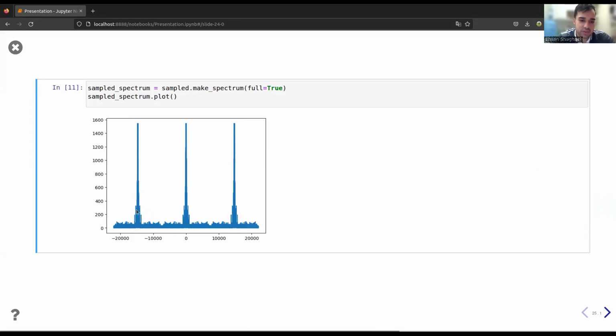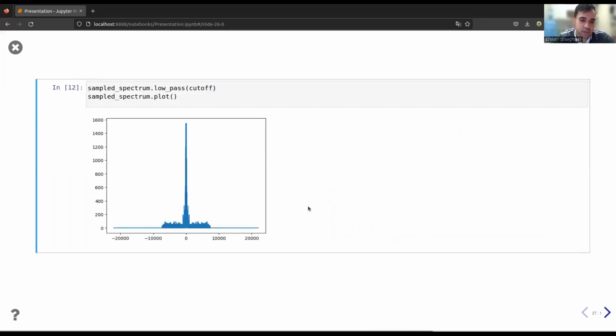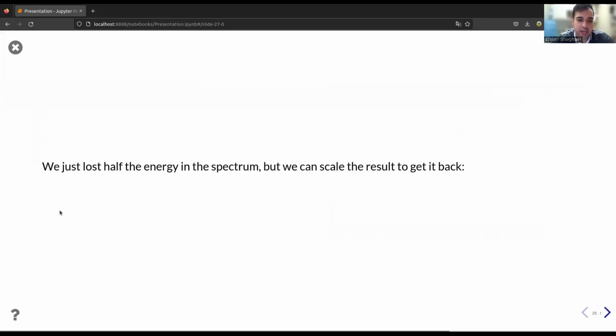So we need to get rid of these 2 extra frequency ranges, and we would apply an anti-aliasing filter, which is basically a low-pass filter over the out-of-bound frequencies. And after we get rid of the extra frequencies that appeared as a result of our downsampling, we have less energy, or maybe less power in the sampling.